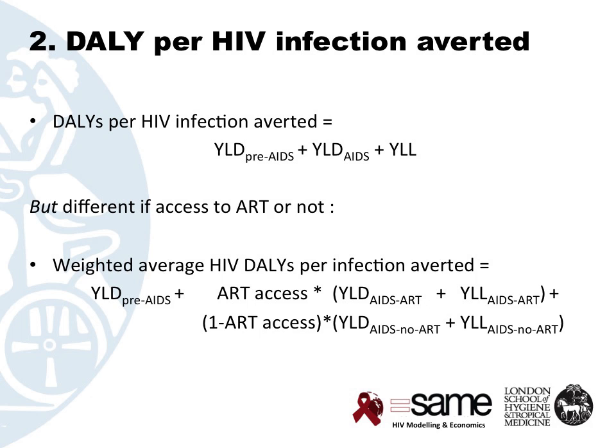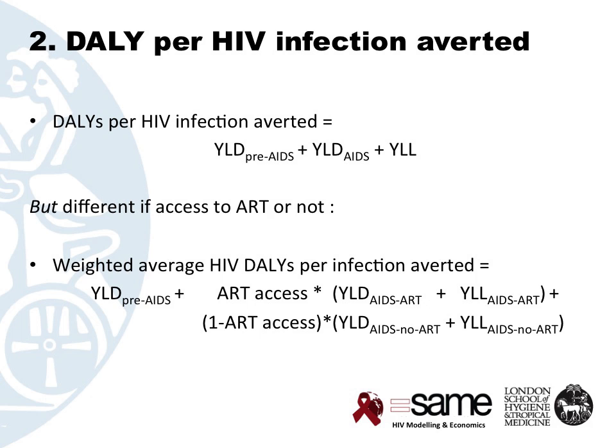With the era of ART, of course, there's a huge difference between whether or not you have access to ART. So if you want to think about the DALYs per HIV infection averted, you will need to take into account the level of coverage of ART. If you wanted an average DALYs per HIV infection averted, you would need to use a weighting.